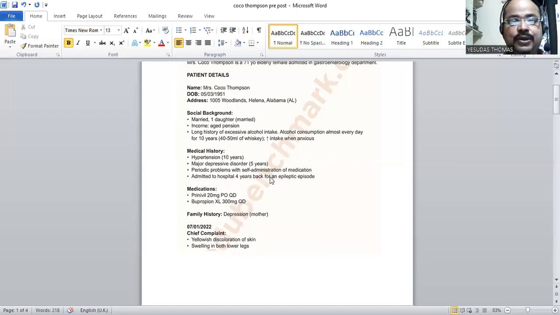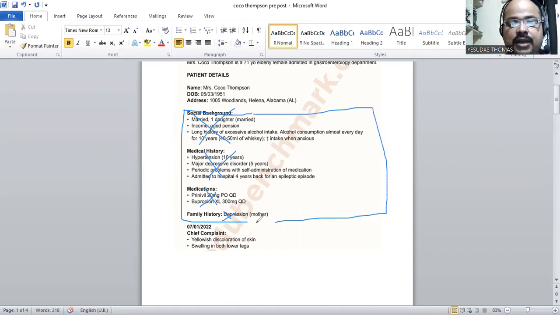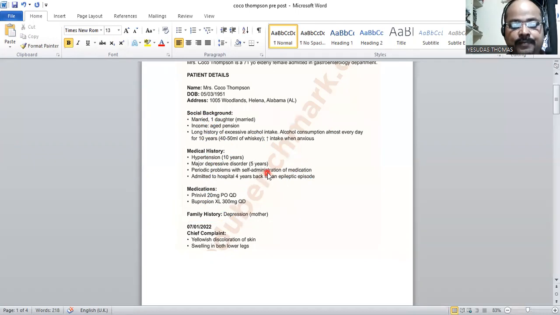We don't have to see the social background or the medical background, the regular medication, or family history, because Dr. Brown is Mrs. Thompson's general practitioner. He knows all these things, and these should be excluded from the case notes once you write the letter.